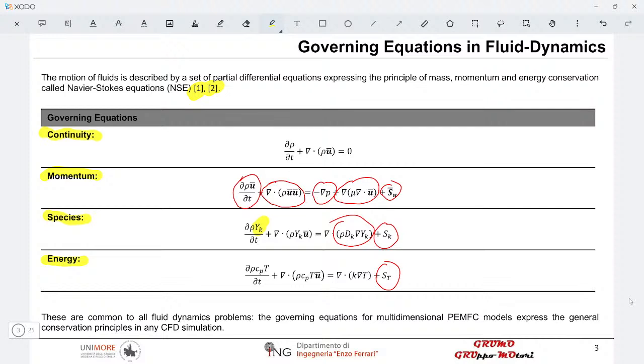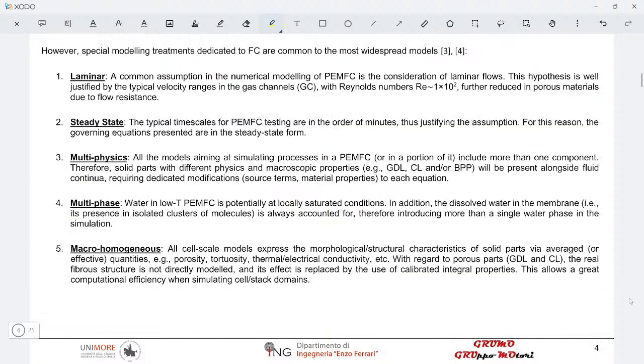But strictly speaking, these transport equations are universal, so they can be applied to any kind of flow, any kind of fluid motion. Now, in the context of fuel cells, we might introduce some very useful and very convenient assumptions. The first one is this one. We can always refer to laminar flows. And how can we be sure about this?